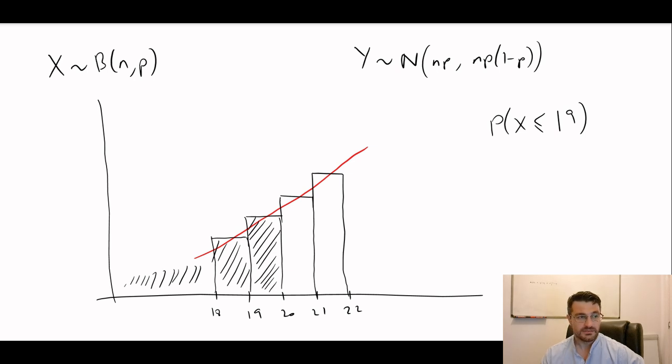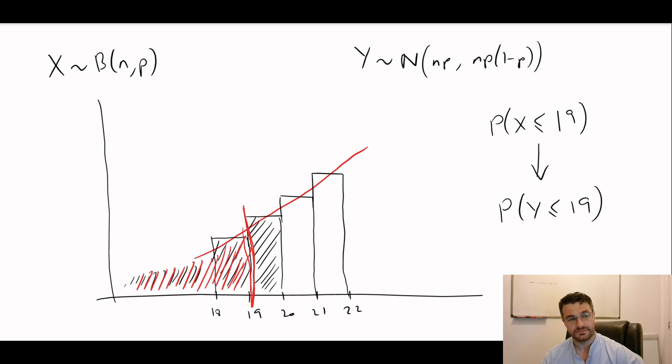But when it comes to using the normal distribution, our normal approximation, we might naively replace this probability with the probability that y is less than or equal to 19. And what's that going to do? Well, that's going to cut off here, and it's going to calculate this area to the left-hand side of this line.